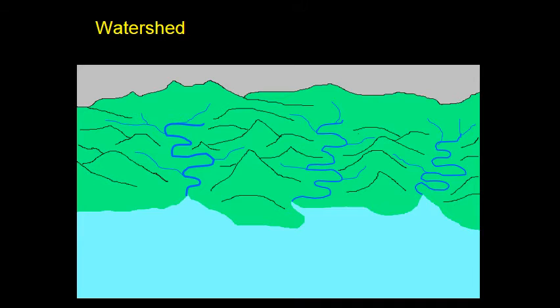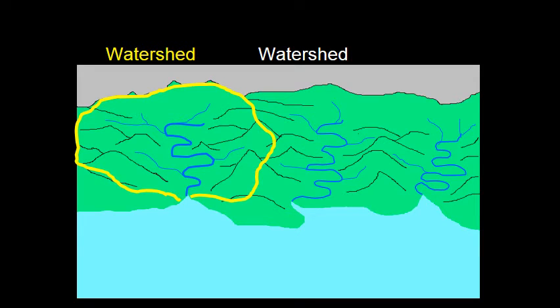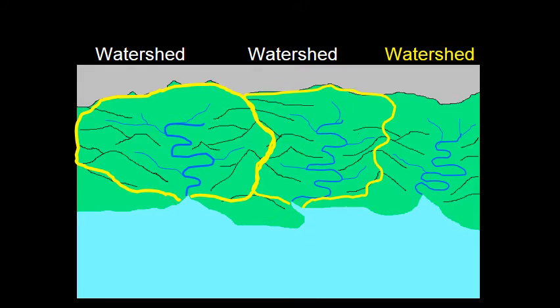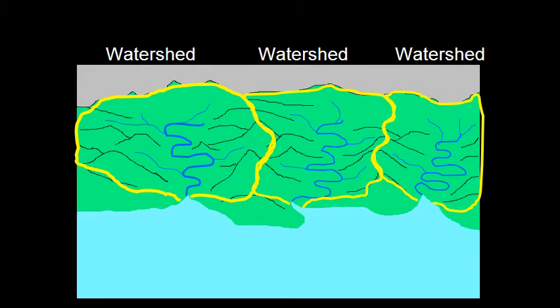So when we look at where the mountains and valleys are, we would say that we have one watershed area here where all of that water is going to drain into this river here, right? And we have another watershed over here where all the water is going to drain into this river here. And we have another watershed here where all of this water is going to drain into this river system.